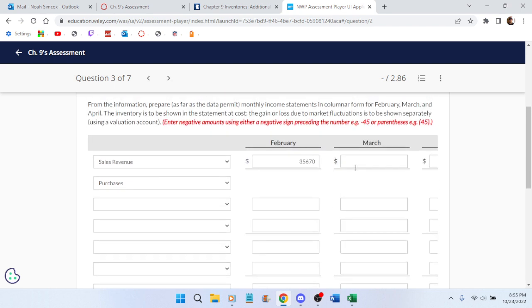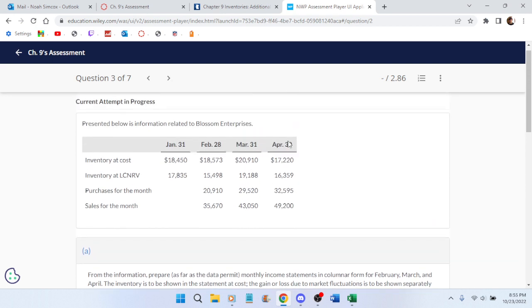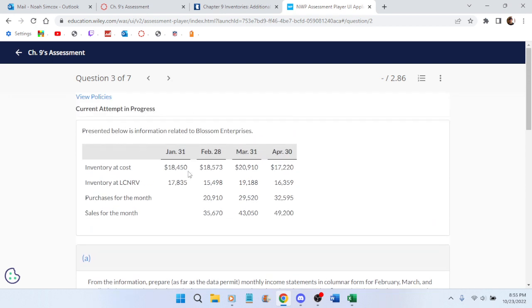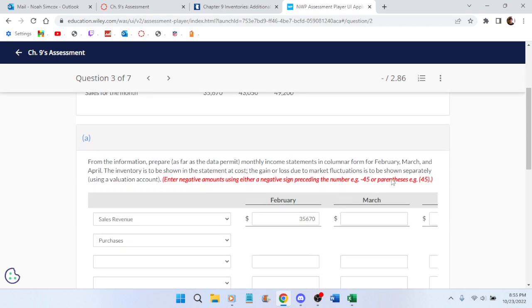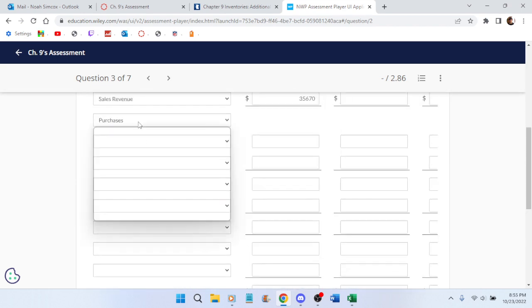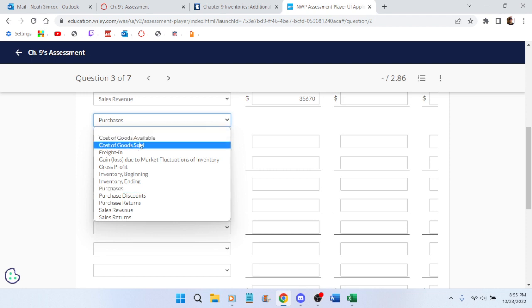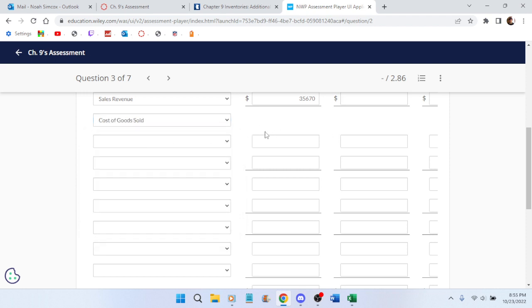What on earth is this? Why are you supposed to include a bunch of random things, like cost of goods sold? Normally what you would do is you would have cost of goods sold next.